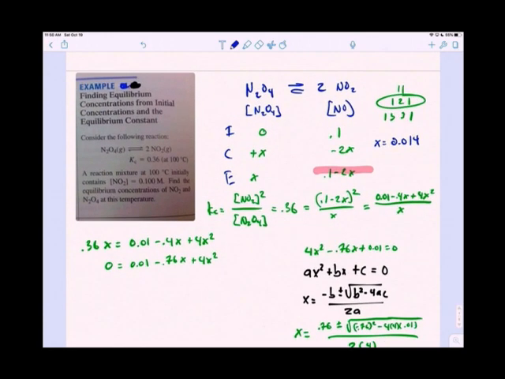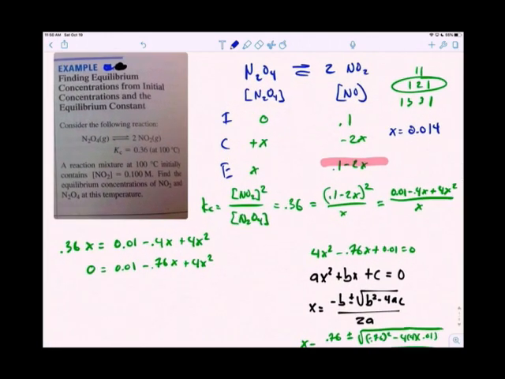and then when we apply this, we have our x equals 0.014. And because of that, then we have the equilibrium value, we want the equilibrium concentrations.